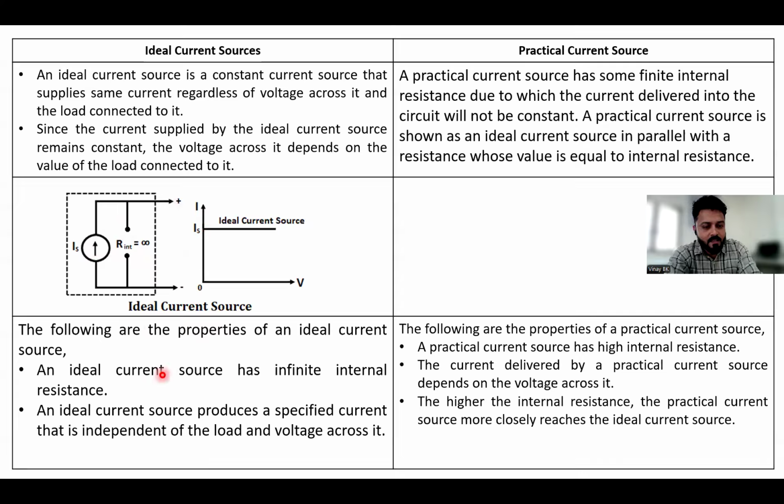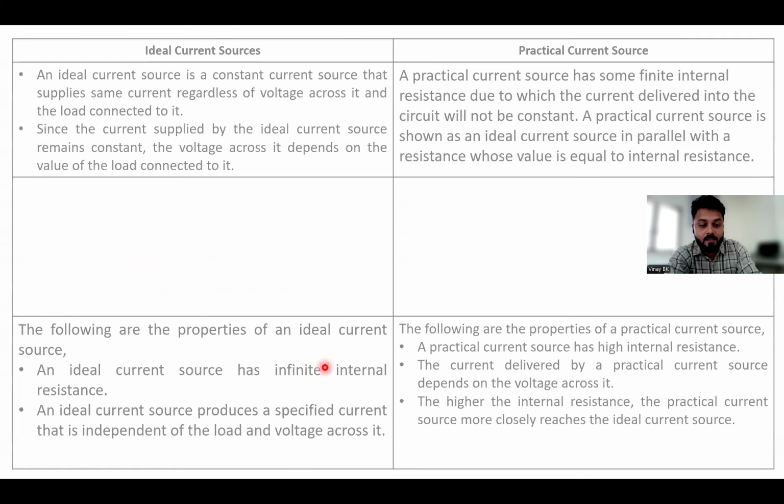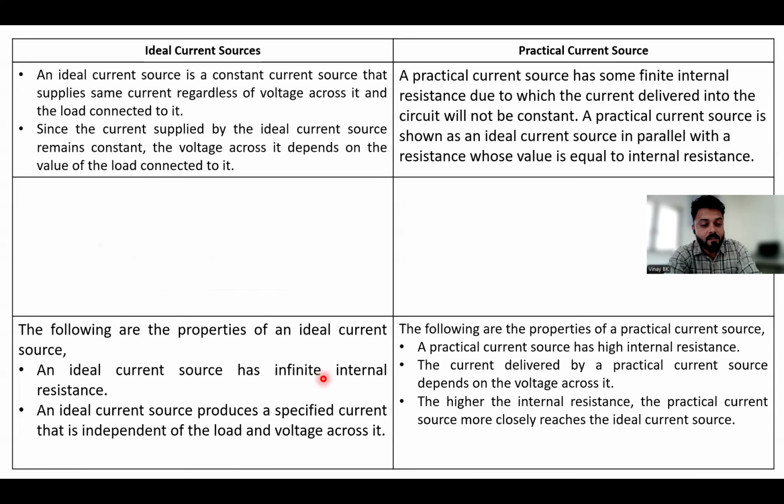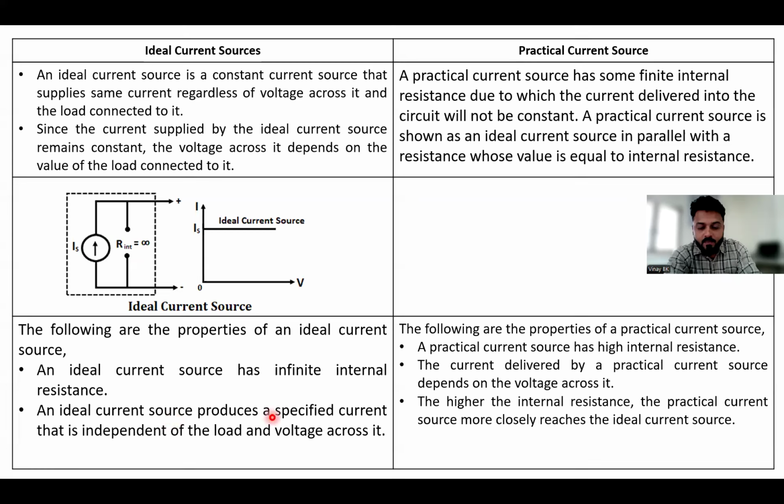The ideal current source has infinite internal resistance, whereas the ideal voltage source has zero internal resistance. An ideal current source produces a specified current that is independent of the load. So the ideal current source does not depend on the load and voltage across the load.